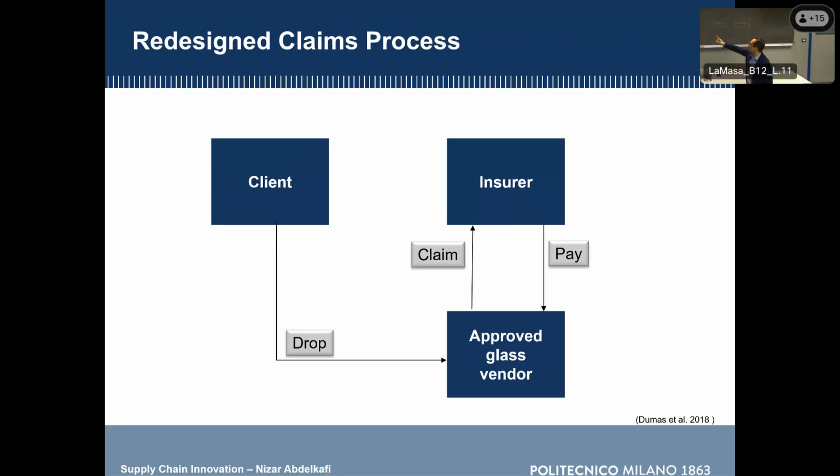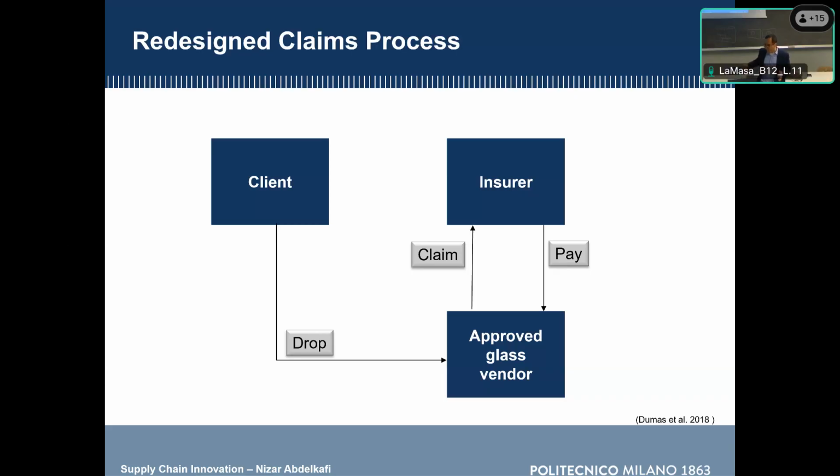It is much easier and less complex than the way we had it before. The client will drop the car at the glass vendor. The glass vendor will make the claim that there is a client registered at that specific insurance company who has some issues, and this is how much it costs. In the first process, the client had to get the quote, make a claim, have it authorized and pay, and then be reimbursed.